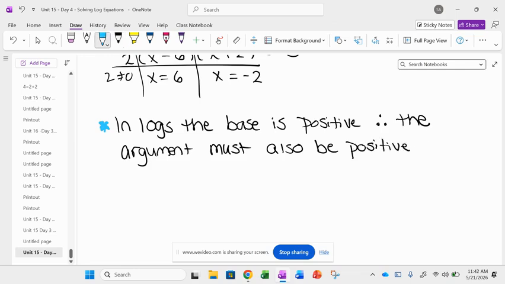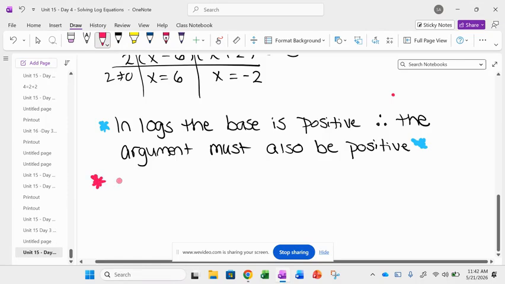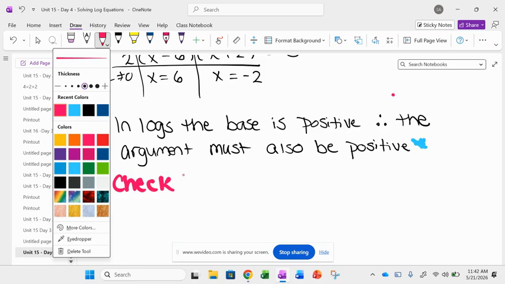Because remember, when you have a log, the argument is the answer after you raise some base to that exponent, right? So if my base is positive, no matter what exponent I'm raising it to, it will always be positive. So now that we know that the argument must always be positive, guess what I have to check for here? Check for extraneous solutions.